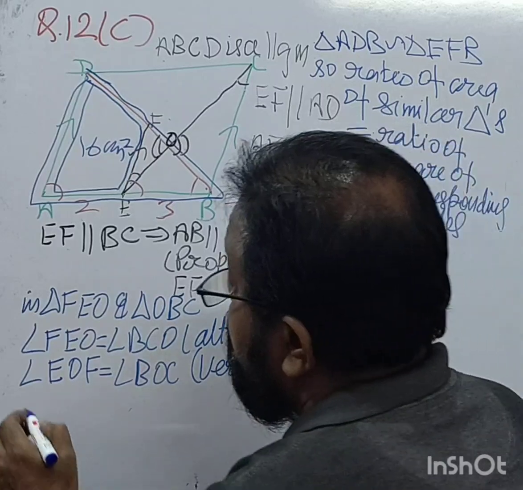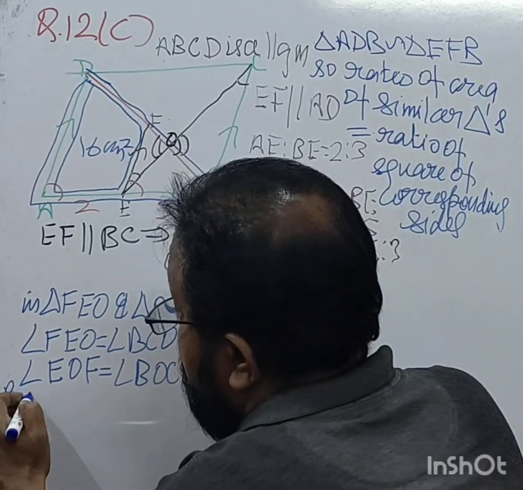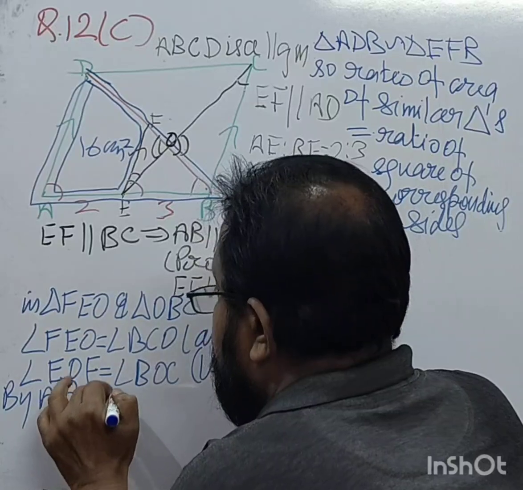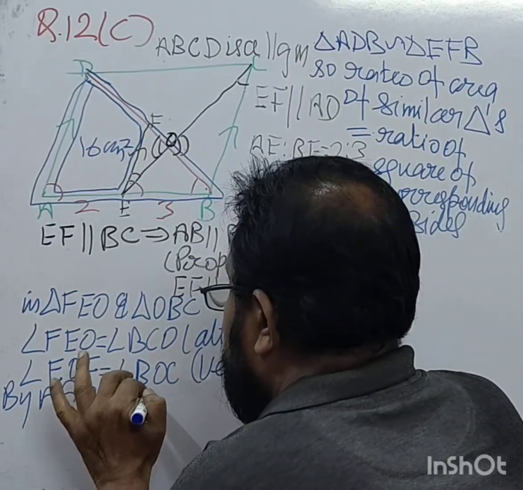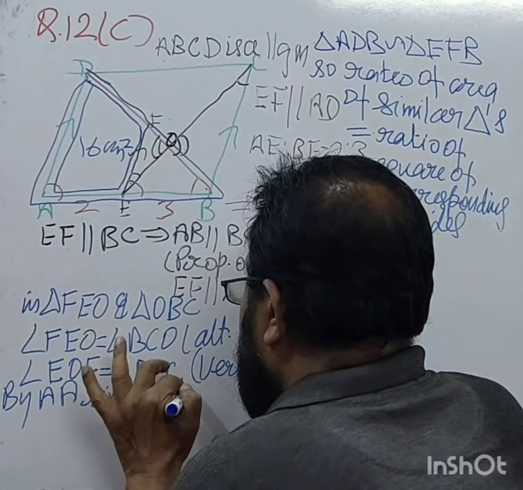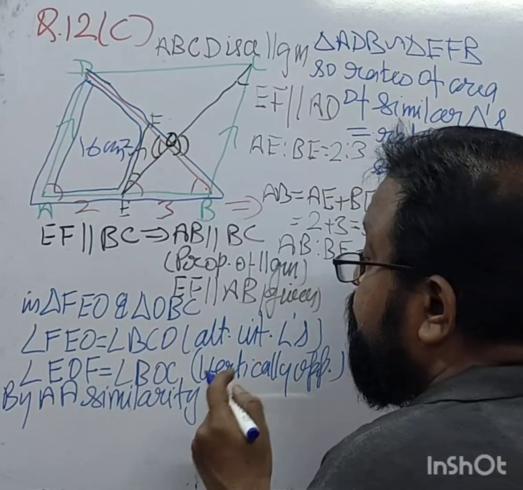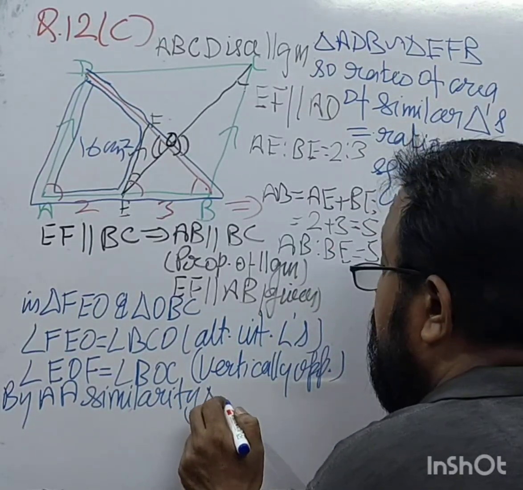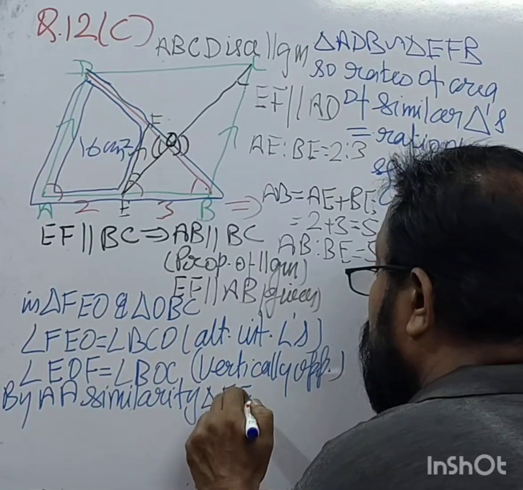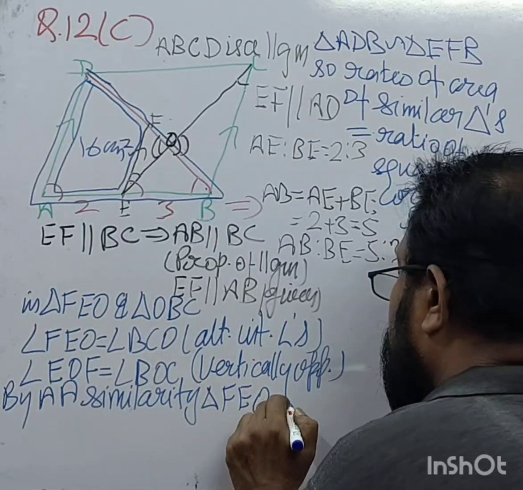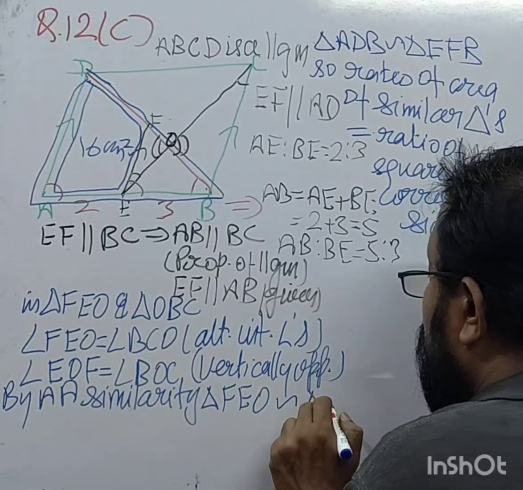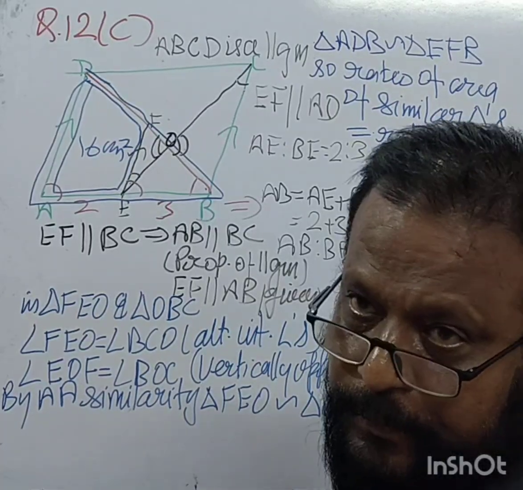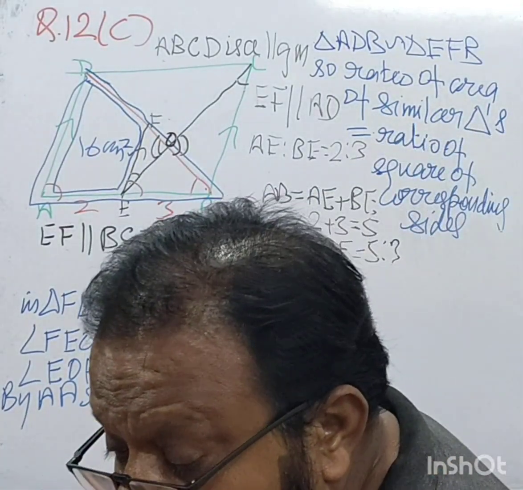Vertically opposite. So by AA similarity, triangle FEO is similar to triangle OBC. Right? What it is asking for?